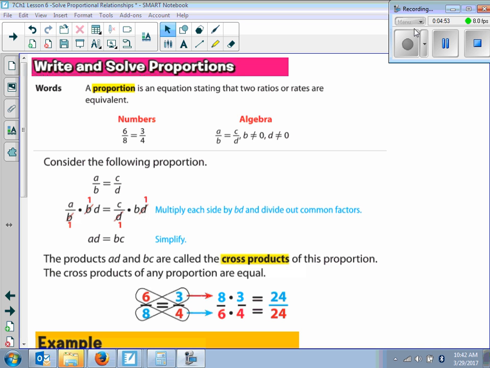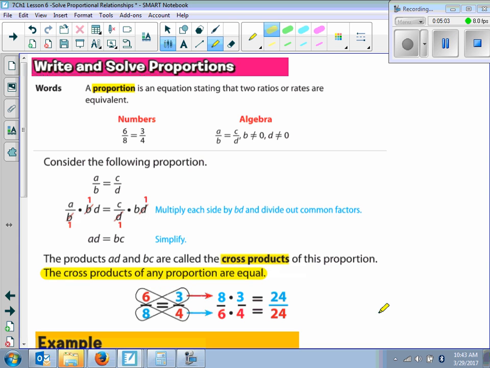All right. So cross products are equal. Please make sure you write that down. Cross products of any proportion are equal. That will help us when we are solving proportions. So here you see that if we are multiplying 3 times 8, that gives us 24.